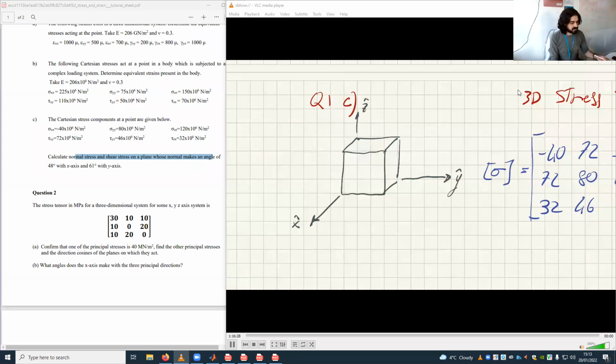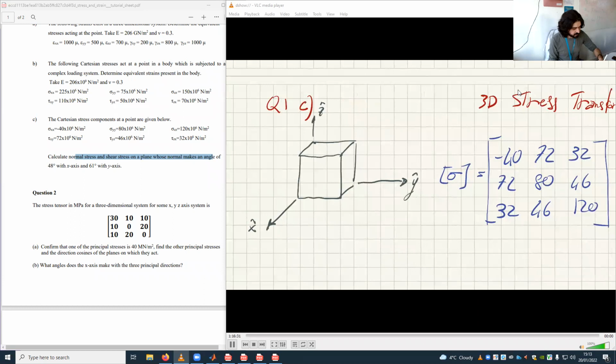Now, these red ones are the sigma x. So minus 40 means it goes inside. So it's a compressive stress in the x direction on the x face. This one is called sigma x, but sometimes it's also called sigma xx.